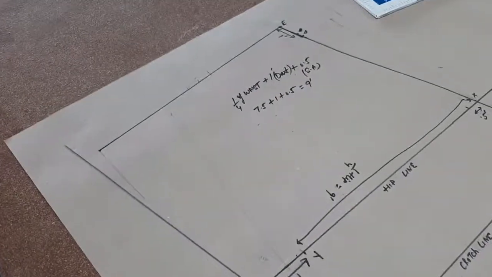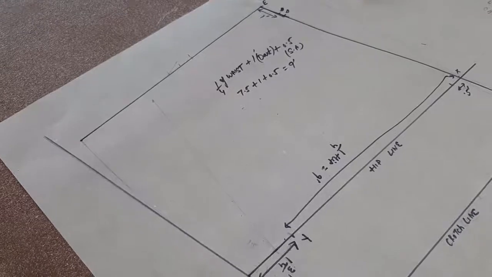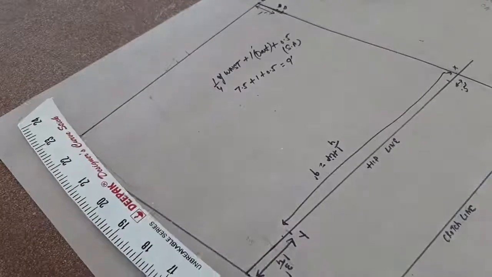So once your waist is created, you can simply join with the help of the hip curve.